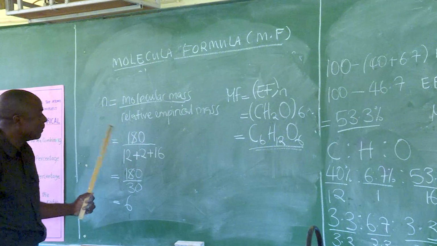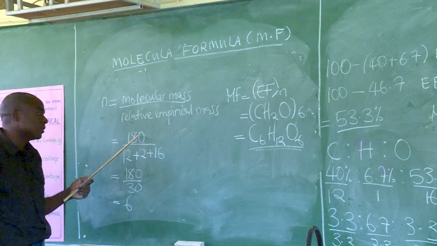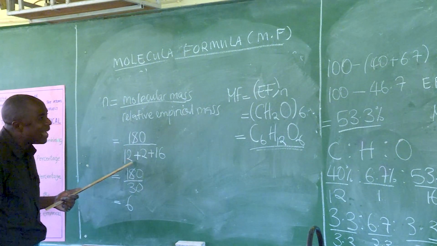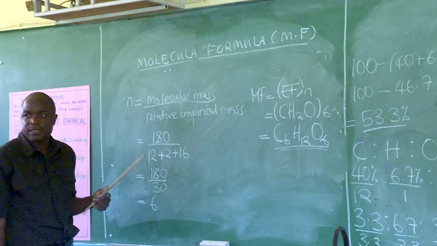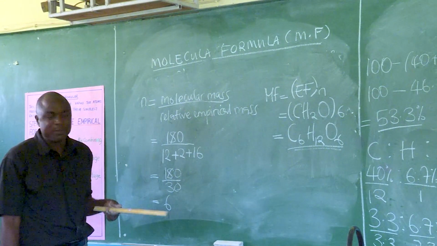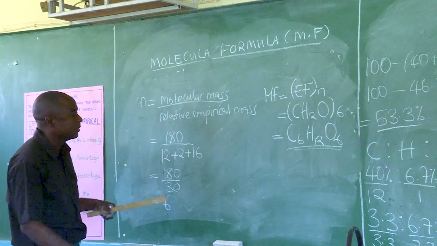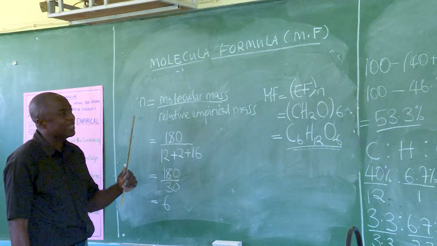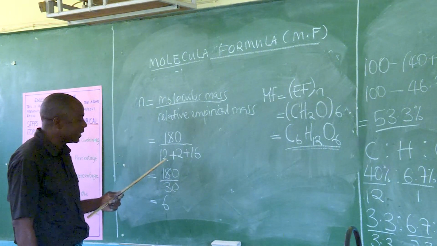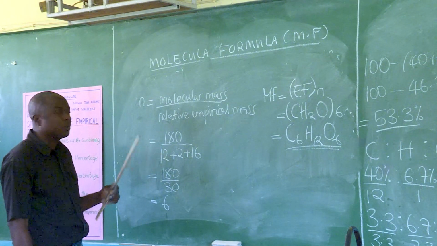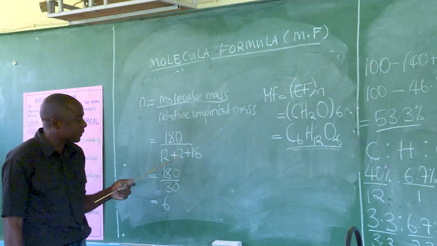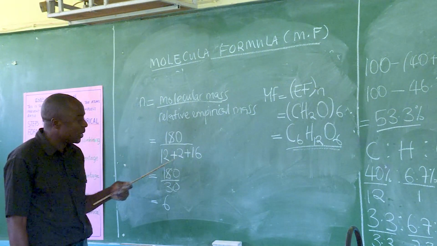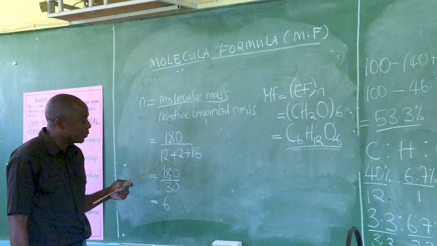The molecular formula mass we have been given was 180. Then add the mass numbers for all the elements present in the compound. So we have 1 carbon, 2 hydrogen, and 1 oxygen. You add them. Carbon is 12, hydrogen is 1, multiplied by 2, giving us 2.